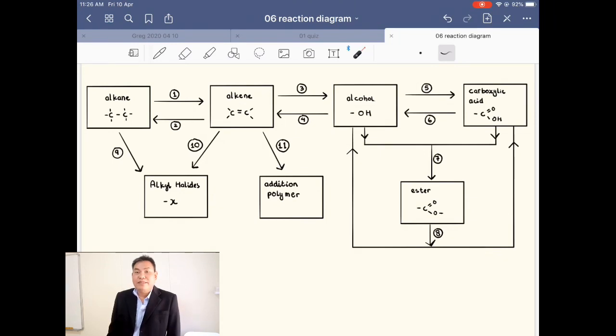Number 10 is bromination or addition of bromine. The color changes from brown to colorless. Reaction number 11 is addition polymerization to produce polymer from alkene. Yeah. So that's all the 11 reactions that we cover in this video.